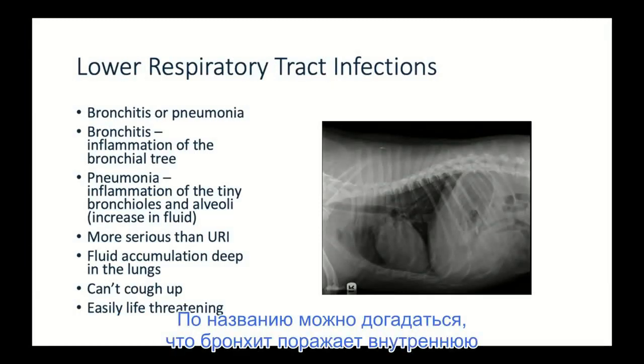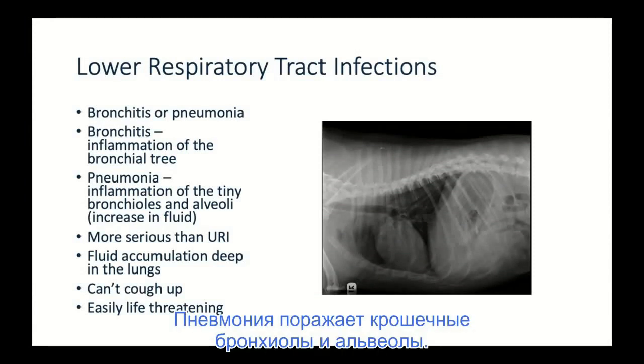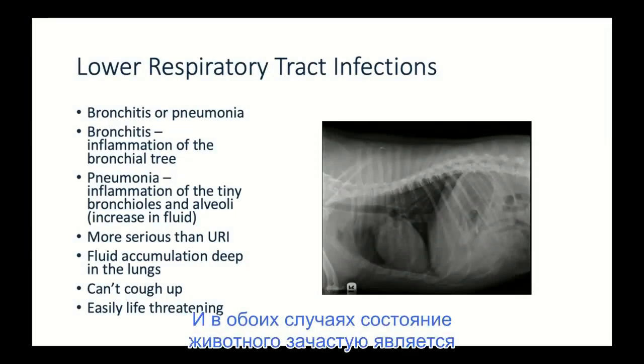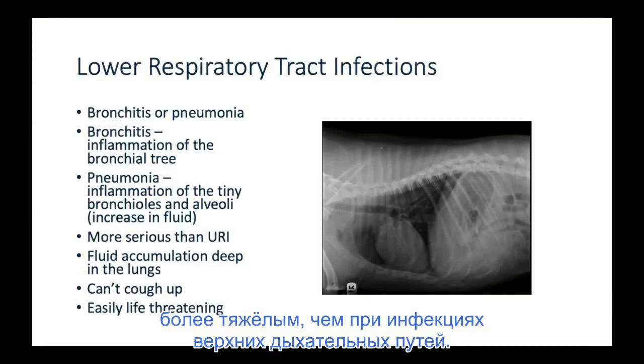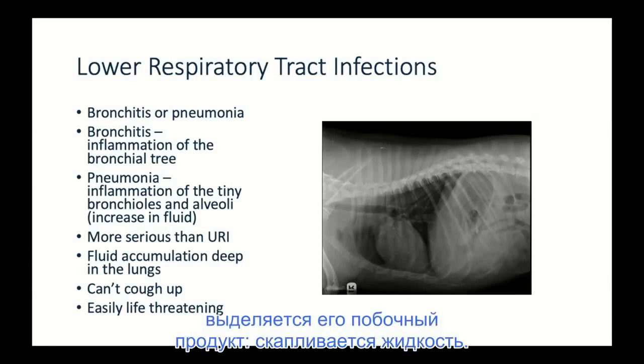As its name implies, bronchitis affects the lining of the bronchial trees, so the bronchi and the bronchial trees. Pneumonia involves the tiny little bronchioles and alveoli, and in either case, the animal's condition is often more severe than with an upper respiratory tract infection because when inflammation occurs, a byproduct of inflammation to a point is fluid accumulation.